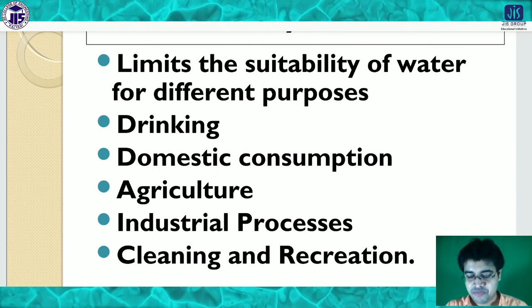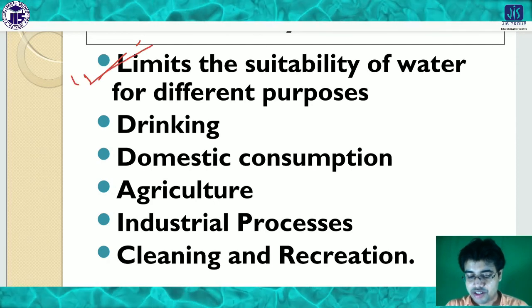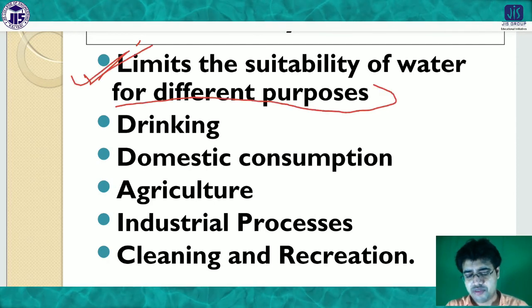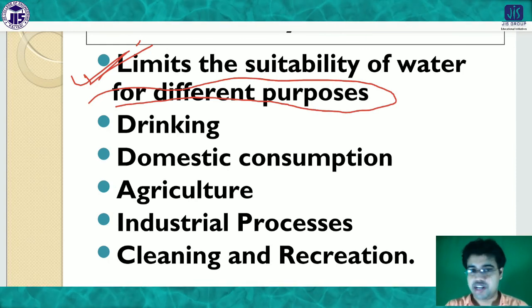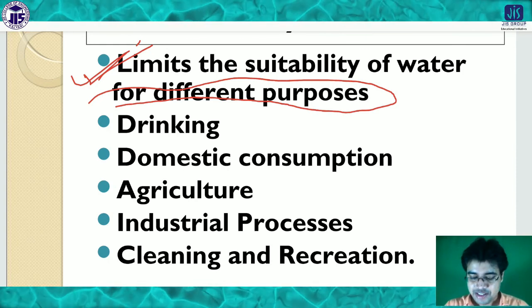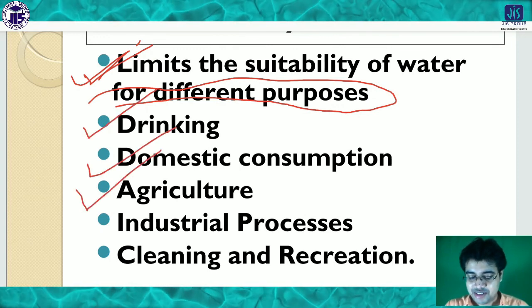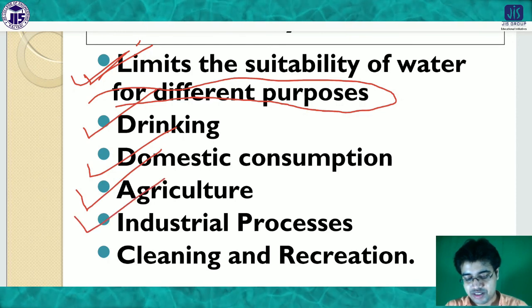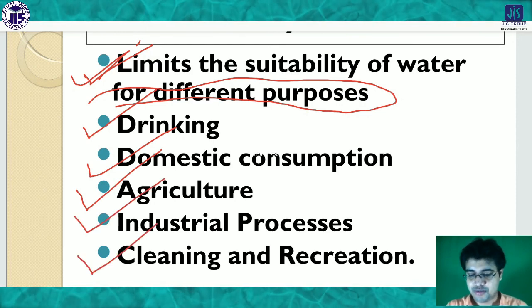First, they limit the suitability of water for different purposes. For individual purposes there may be different requirements for the water. Second, drinking purpose. Third, domestic consumption. Fourth, agriculture, industrial process, cleaning and recreation. For all these purposes, these are very important.